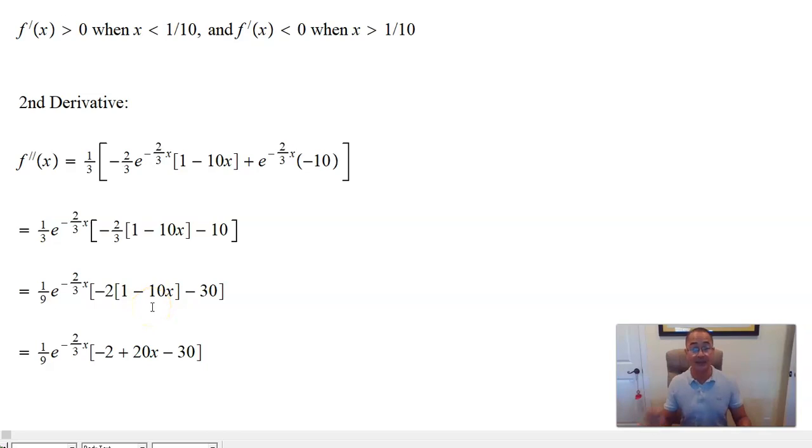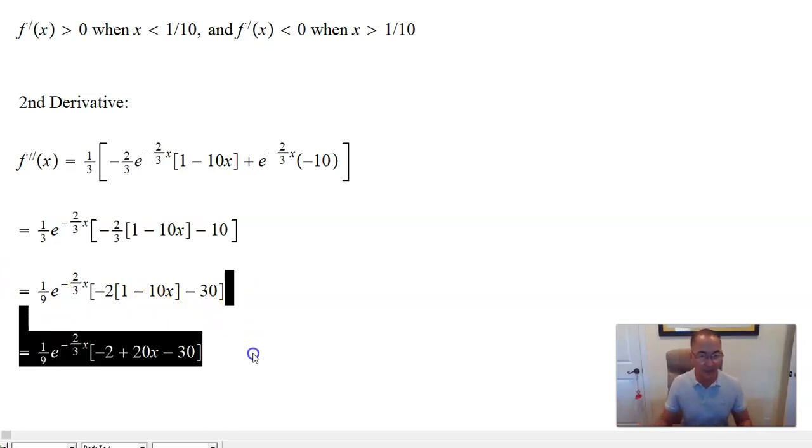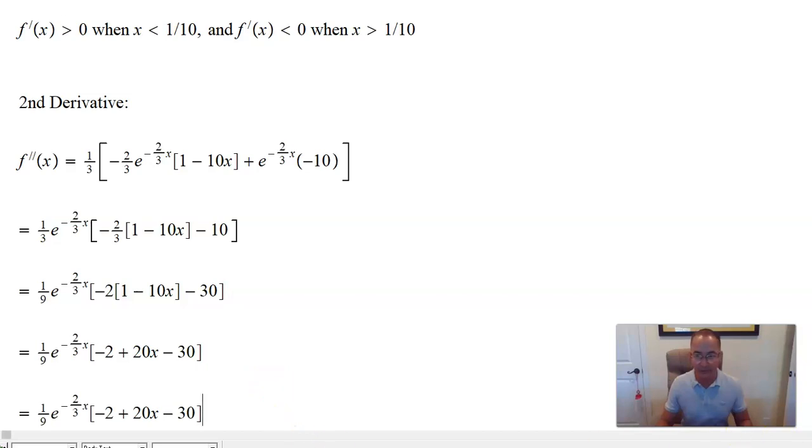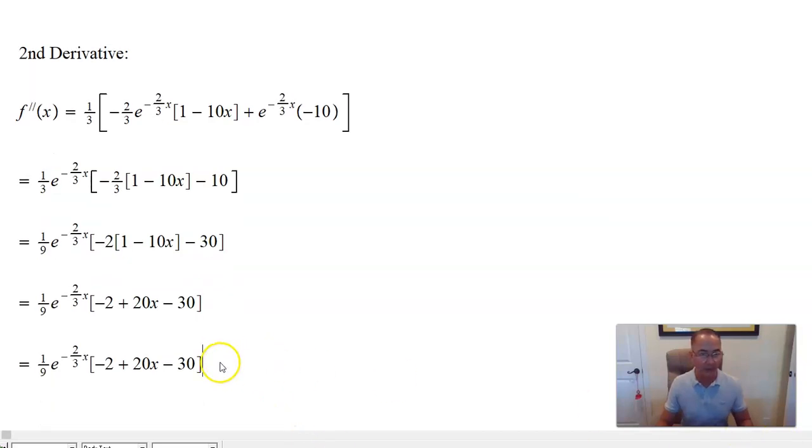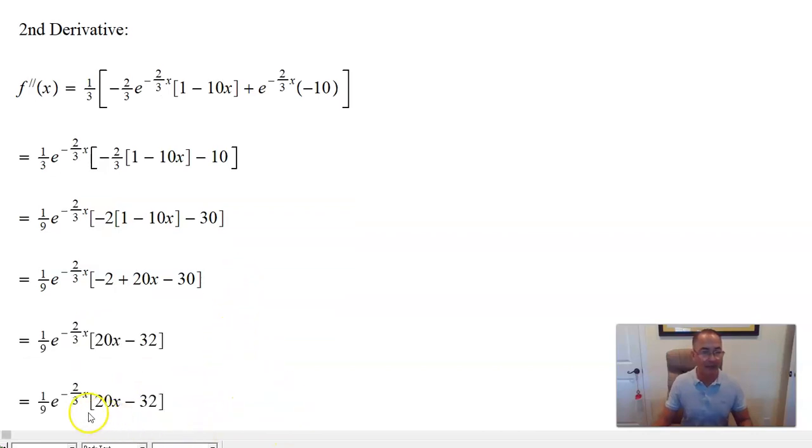Those negatives are always the worst. They are the cause of 99% of computational errors, in my unscientific opinion. So it looks like we should put the 20x in front. It's positive. And then minus 2 minus 30, minus 32. And that's nice because there's a common factor of 4. So we can simplify it even further.